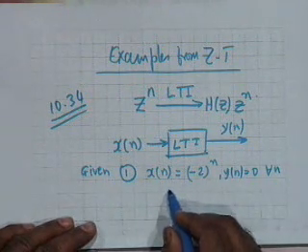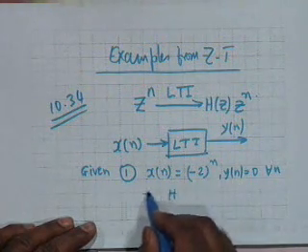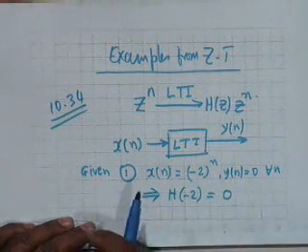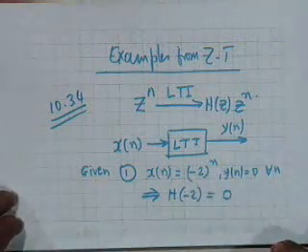What does this imply? It implies that H of minus 2 is equal to 0. That's it. This is the thing that is to be recognized from this.